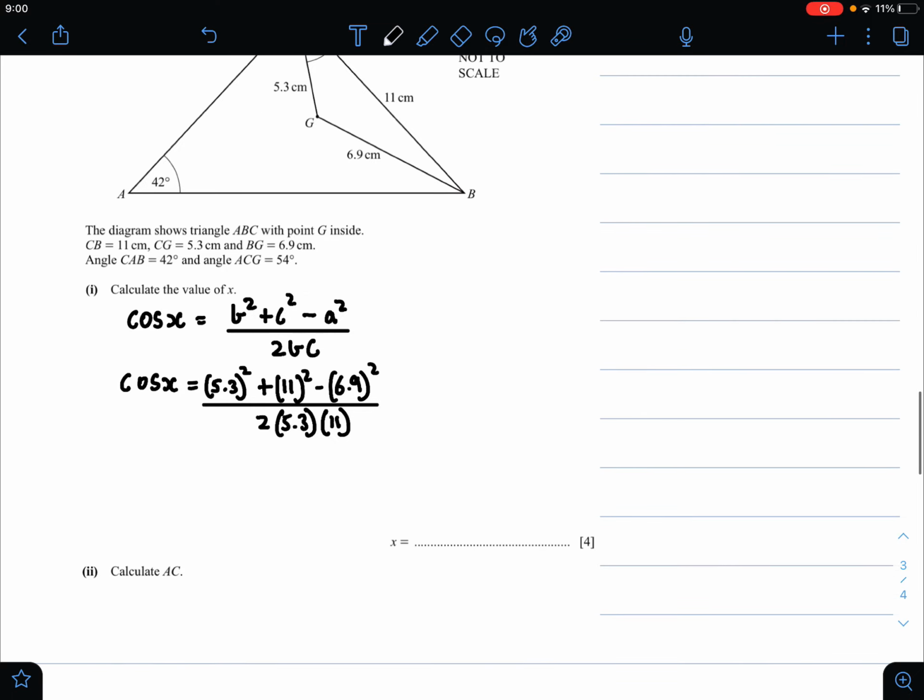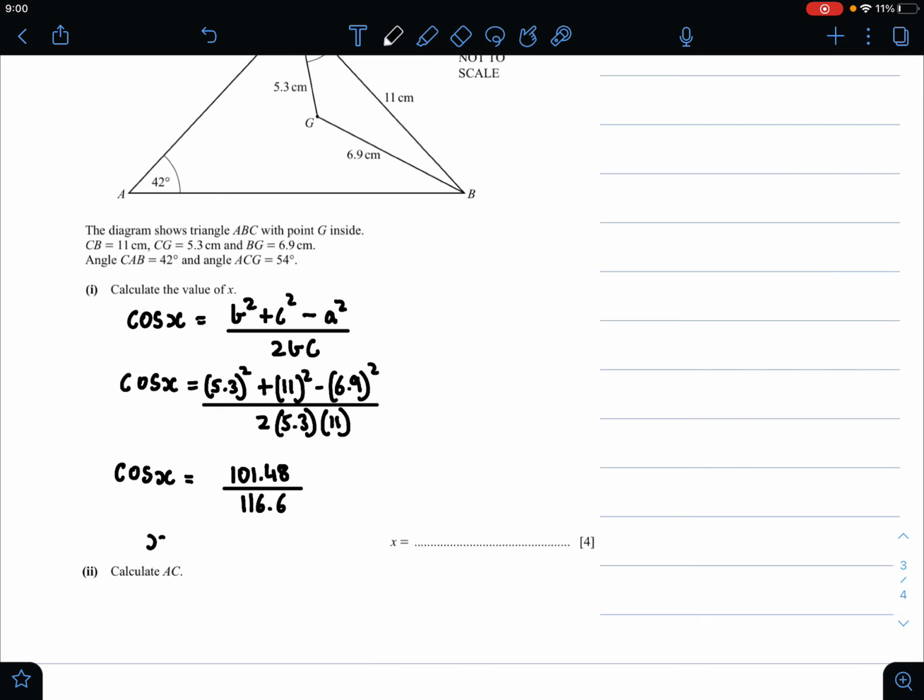So let's simplify this now. Cos x is therefore equal to 5.3 square plus 11 square minus 6.9 square. So that is 101.48 divided by 2 times 5.3 times 11, which is 116.6.